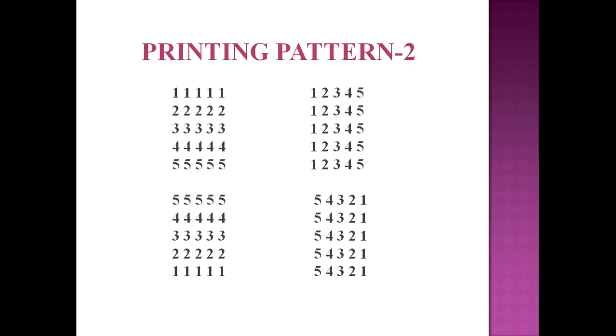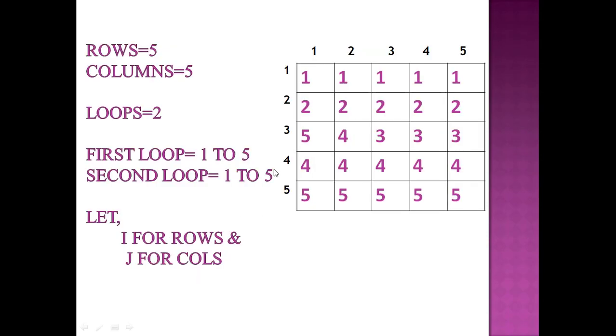In this video tutorial I will tell you about just a single pattern. So here it is, and after that you will see how we can easily print all of these 3 patterns with the help of just a single pattern. So let's get started.